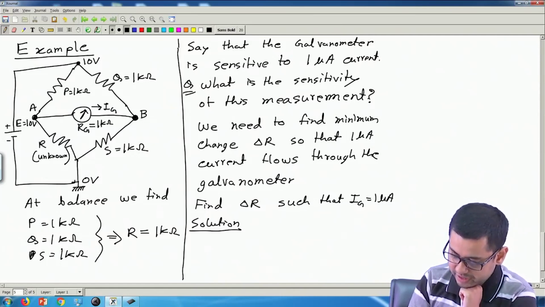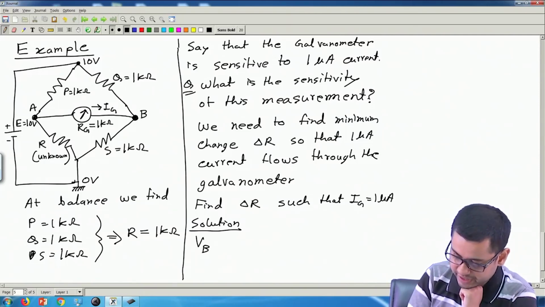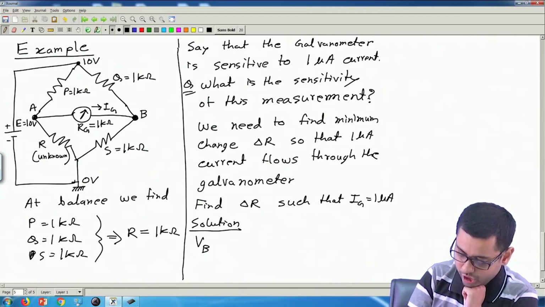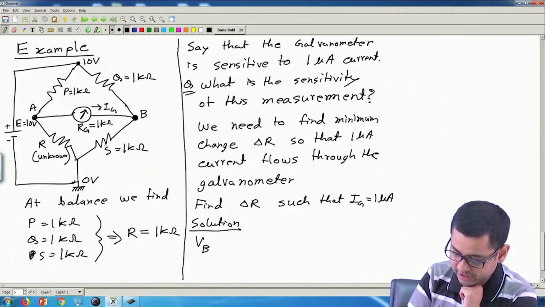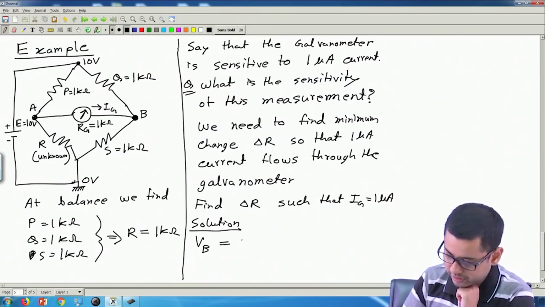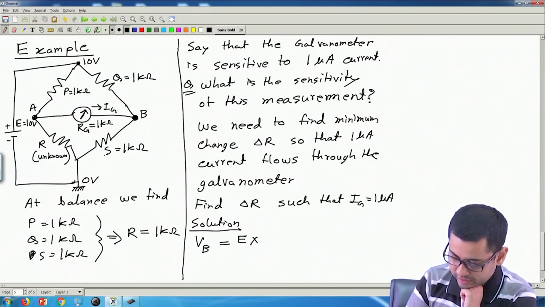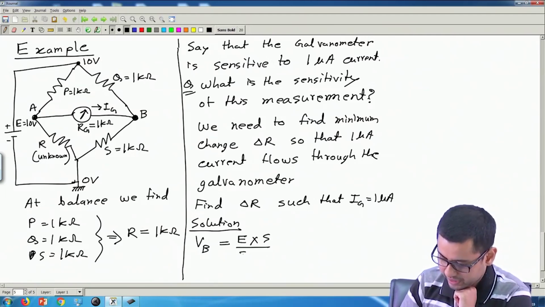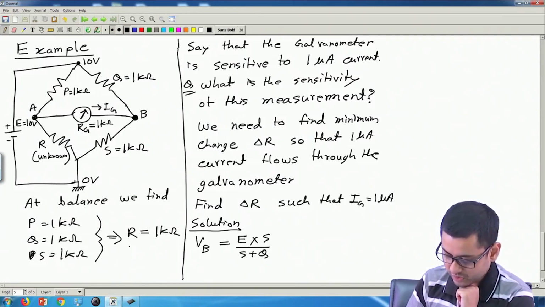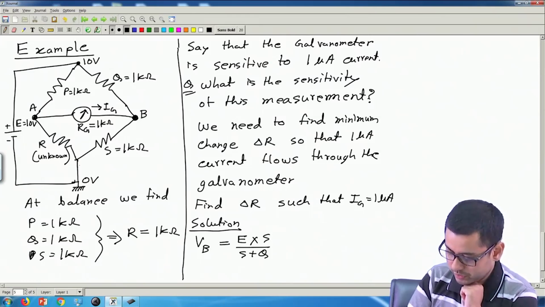Now the potential at B, call that VB, will be half of this 10 volt, because this is 1 K, this is 1 K. So VB will be E multiplied by S divided by S plus Q. Okay, E and potential divider rule, which says divide by Q plus S and multiply by S.